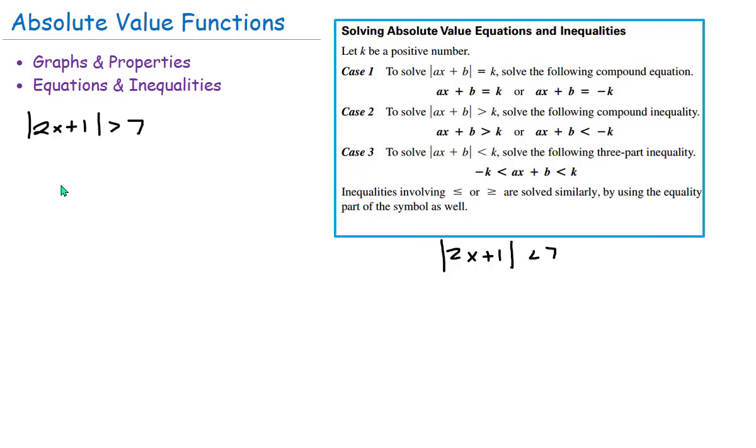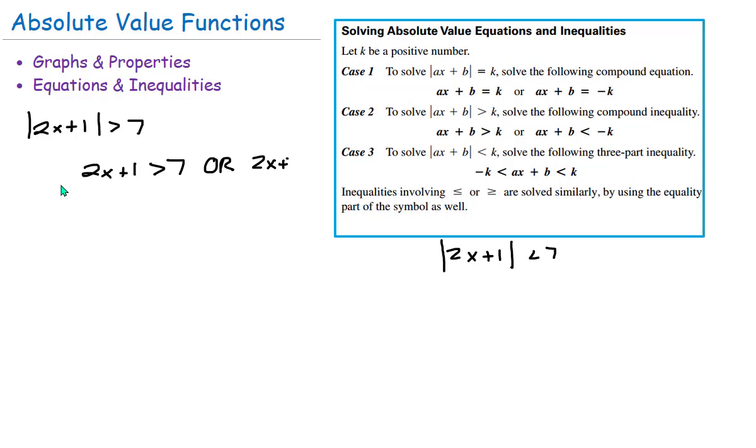Okay, so let's take a look at these two examples to practice cases 2 and 3. Our first one says the absolute value of 2x plus 1 is greater than 7. So this means that the quantity 2x plus 1 is more than 7 away from 0 in the positive direction, or the quantity is more than 7 away in the negative direction.